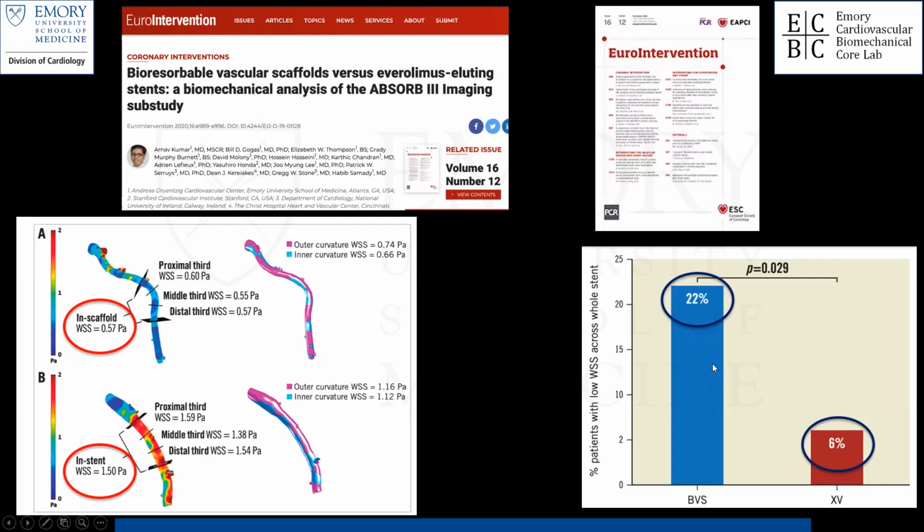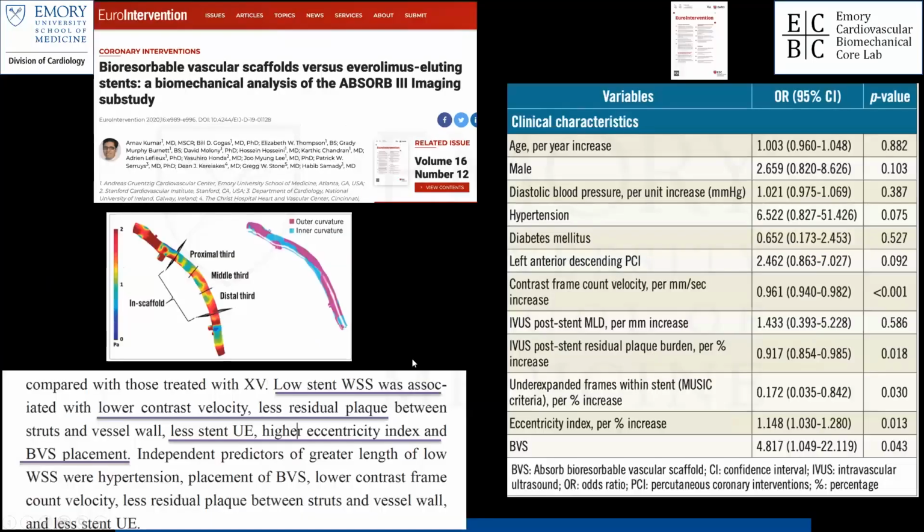So the low shear stress associated with BVS might explain the higher rates of stent thrombosis seen with the BVS platform. And so we found that low shear stress was associated with less residual plaque, less stent underexpansion, and higher eccentricity index. Interestingly, BVS stents were 5 times more likely to demonstrate low shear stress when compared with Xience.